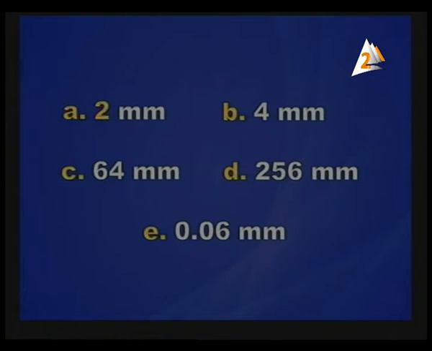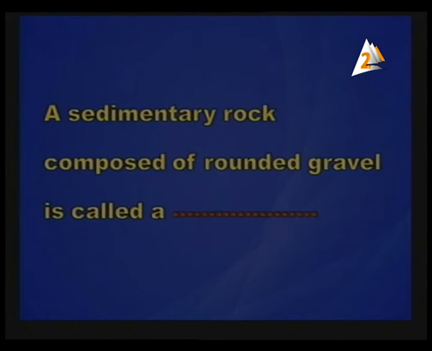Mostly they are greater than 2 millimeters. So we call this conglomerate. A sedimentary rock composed of rounded gravels is called, this is a definition for conglomerate. It is sedimentary rock composed of rounded gravels, and it is called conglomerate.